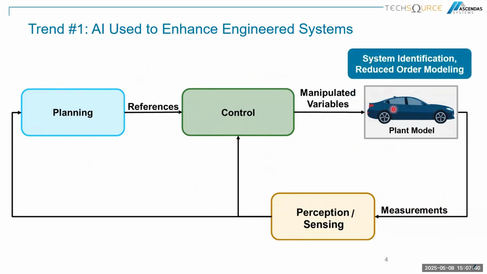At first, we can apply AI to plant modeling using reduced order modeling, or ROM. We can take high-fidelity physical models that are computationally intense to run, and apply the ROM technique to reduce the complexity while preserving the essential behaviors of the model.